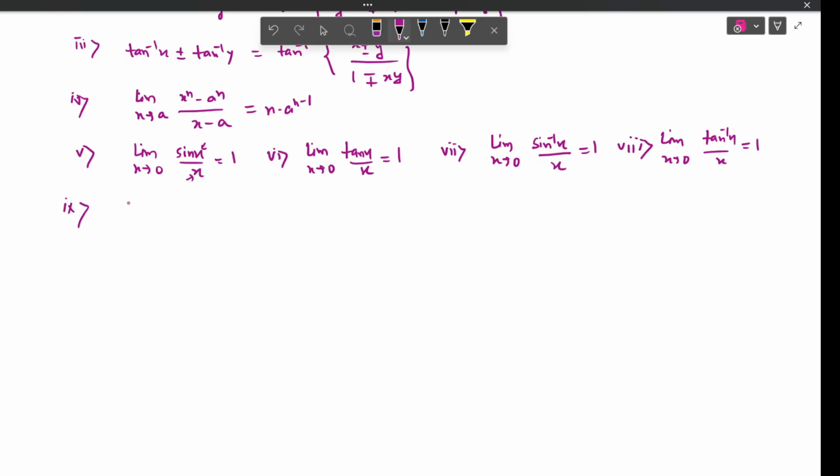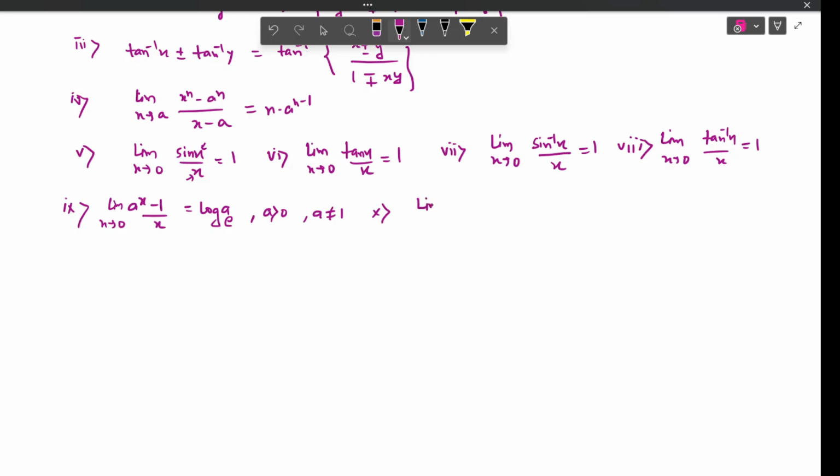Now, let's see it. Limit x tends to 0, a to the power x minus 1 by x is log of a base e, where a is greater than 0 and a is not equal to 1.